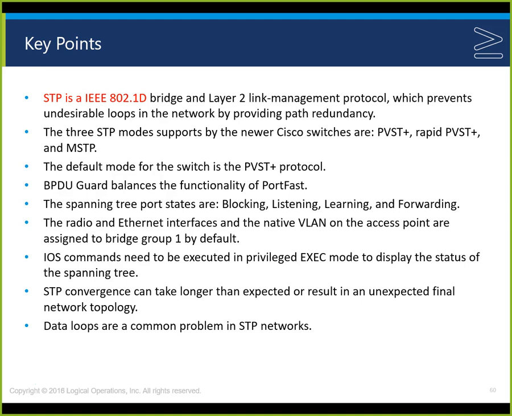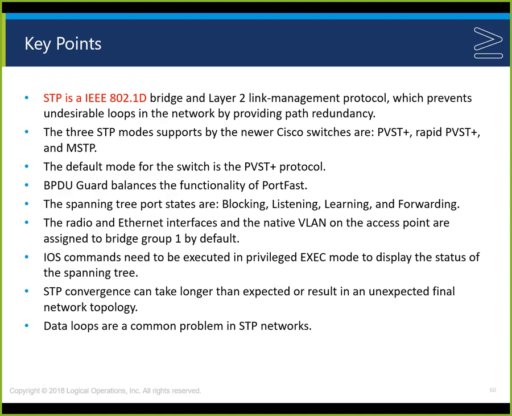The port states were blocking, listening, learning, forwarding, and we had different timings on whether it was Per-VLAN or Rapid Per-VLAN. The Rapid Per-VLAN wound up being like 21 seconds, where Per-VLAN is about 50 seconds, where the blocking is 20, listening 15, learning 15. And then we go into forwarding.